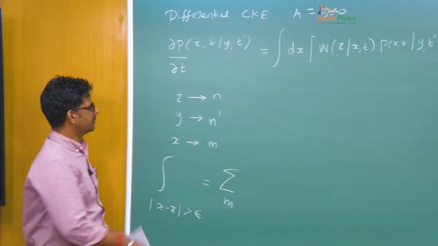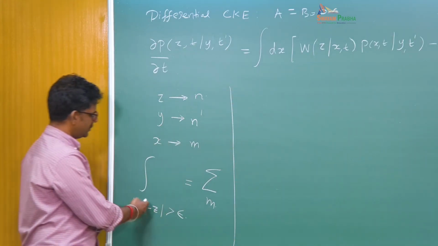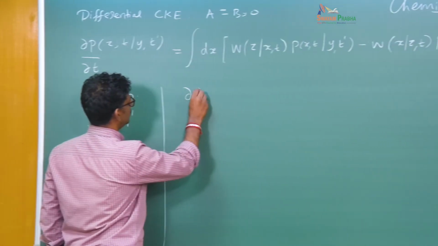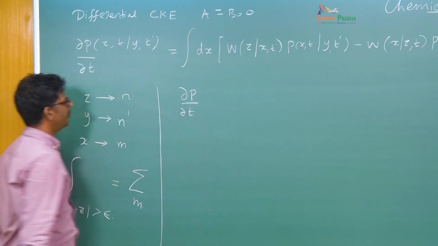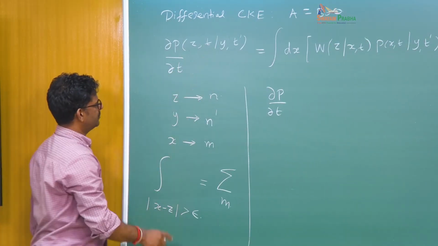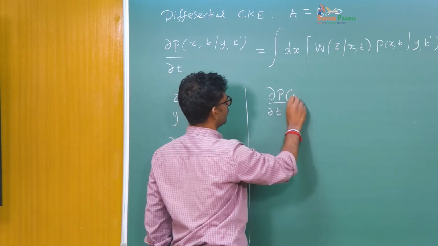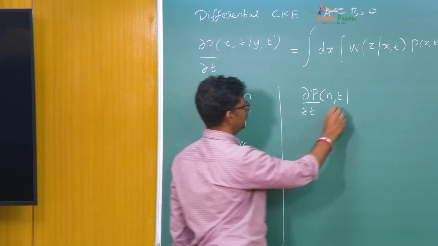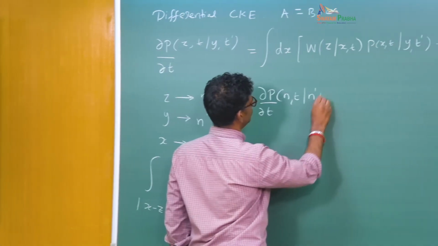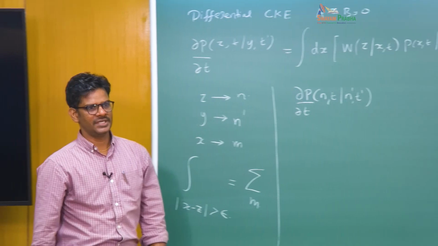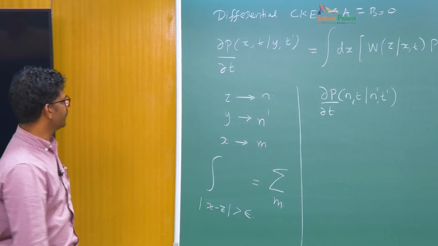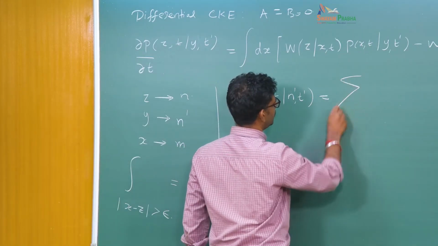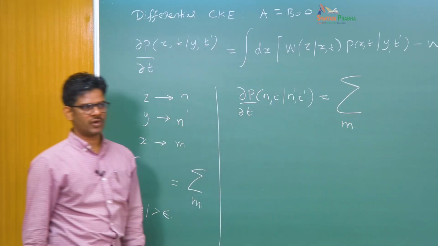With these changes, and of course the integral replaced with the summation, we can write: dou p by dou t of z, t becomes n, t, and y, t prime becomes n prime, t prime. I am only changing the variable, nothing else. Then on the right hand side, the integral is now written as a sum over all possible m.